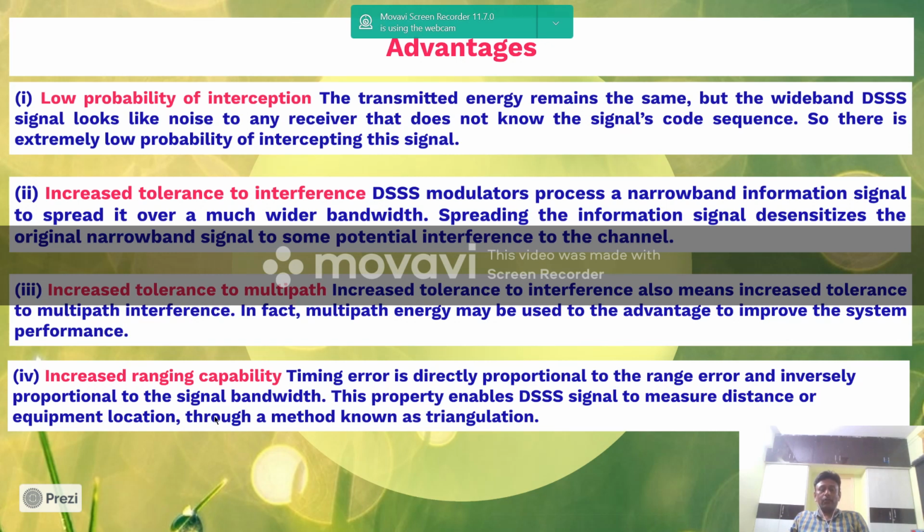That is the triangulation process, which we use here to increase the range. It's similar to the technique used in radar systems. Similarly, the spread spectrum communication system also uses this technique to increase the ranging capability. These are some advantages of direct sequence spread spectrum communication.